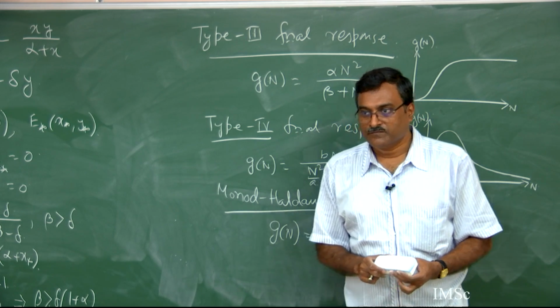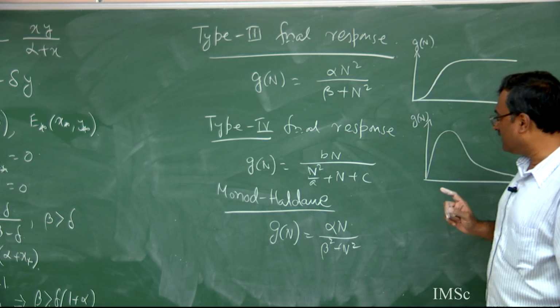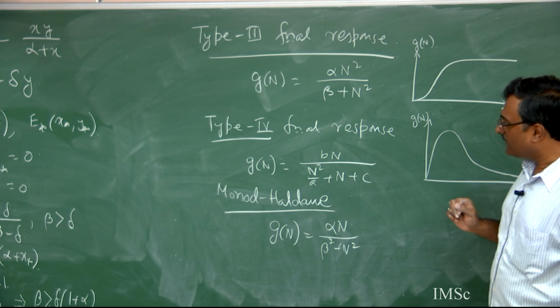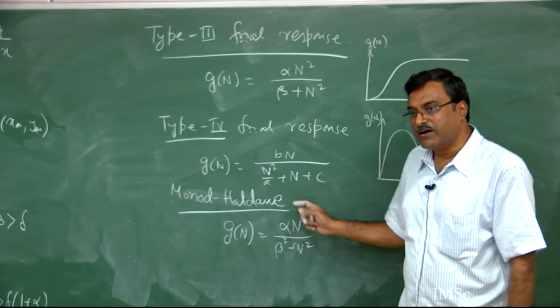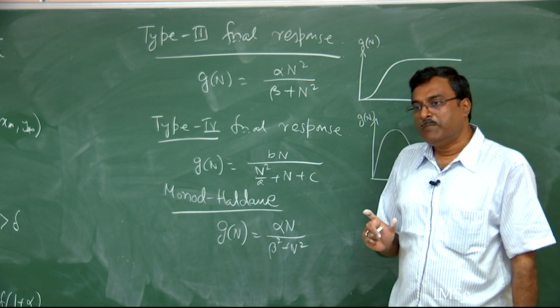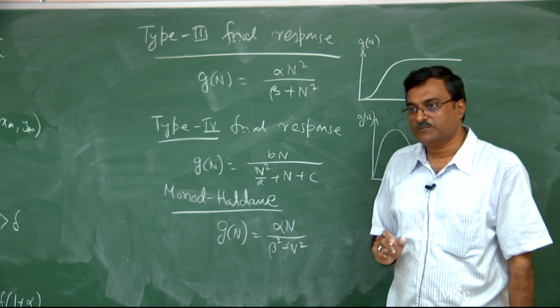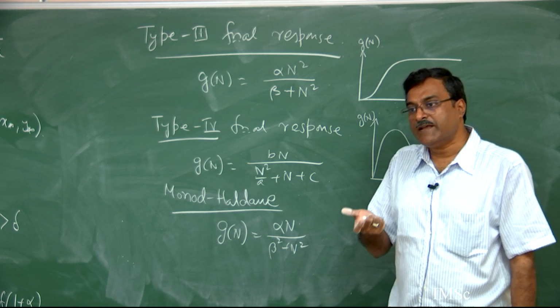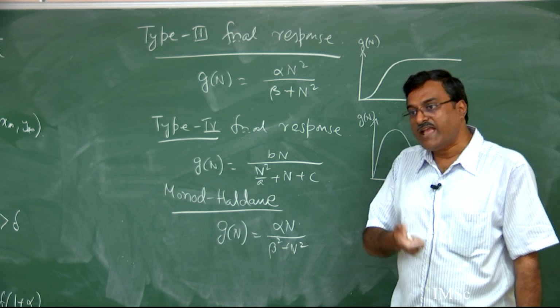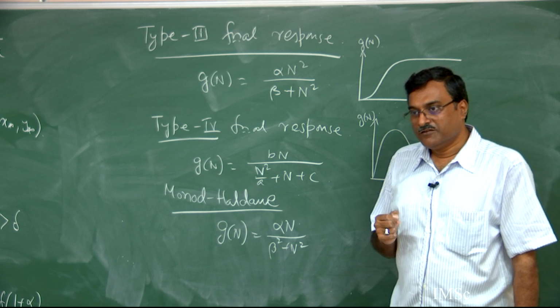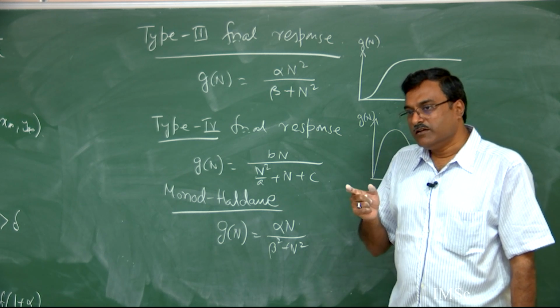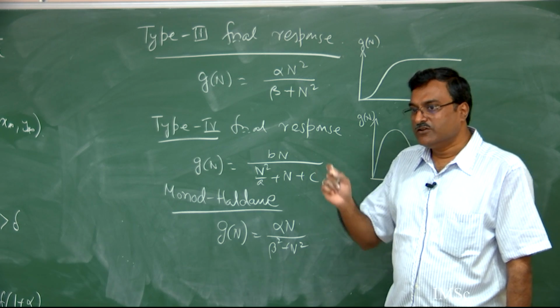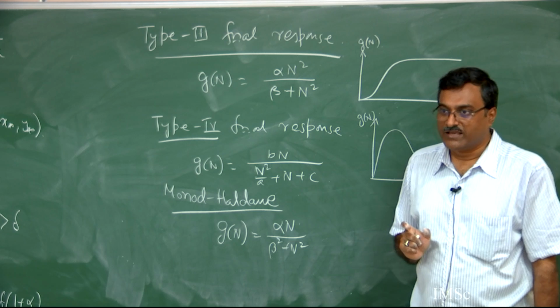So finally, I would like to make one comment: there are certain other types of functional response, that is the Beddington-DeAngelis functional response or the ratio dependent functional response, where the functional response is a function of both prey and predator density, and those actually account for predator interference in the predation.